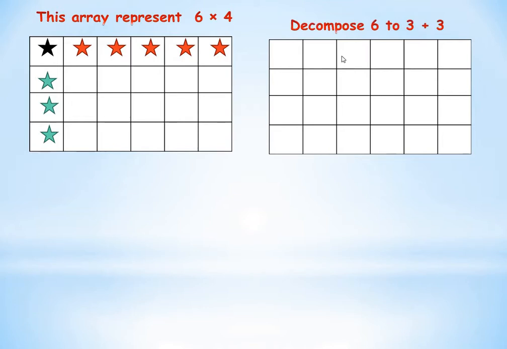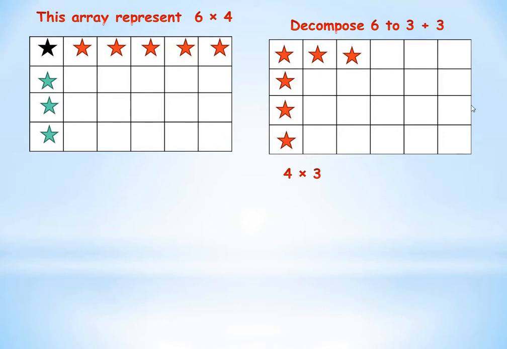The first part of the array, we represent it as 4 in the short side, which never changes, and the first part is 3. Can you represent this array? Yes, this array is represented as 4 times 3.